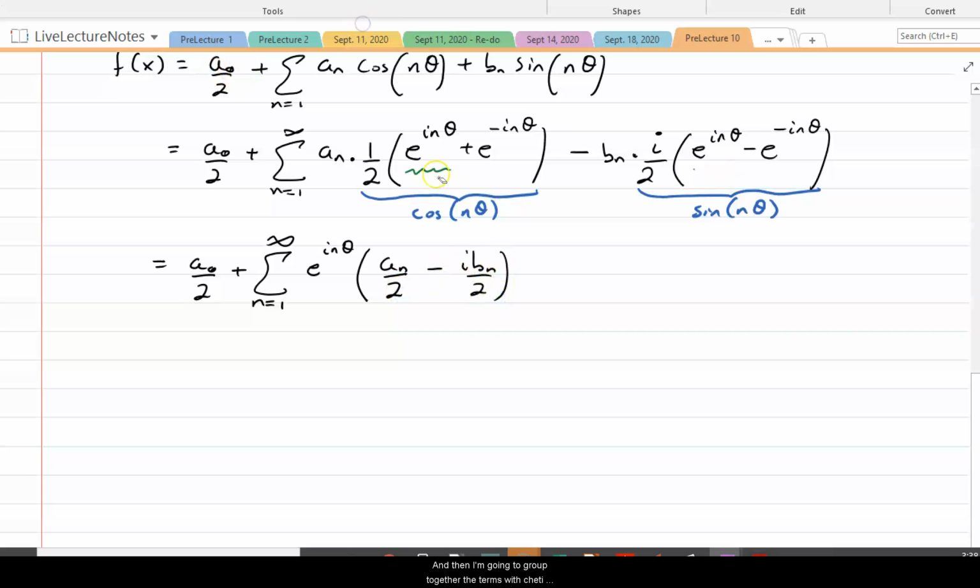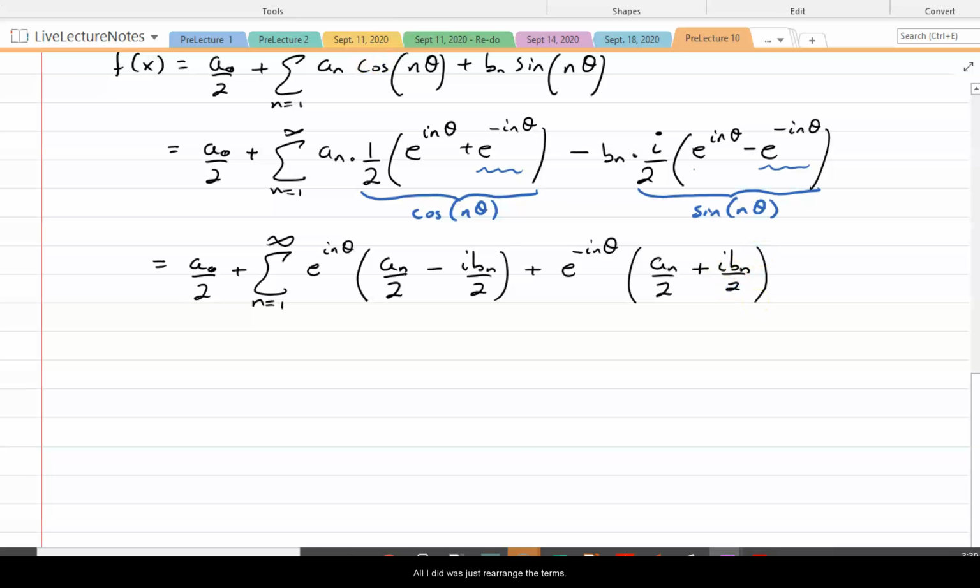Then I'm going to group together the terms which have e to the minus i n theta. So I'll have plus e to the minus i n theta. Which terms multiply e to the minus i n theta? I've got another an over 2, that's the first term underlined in blue. And then the second term underlined in blue is plus i bn over 2.